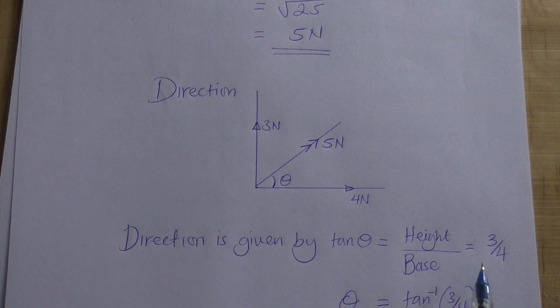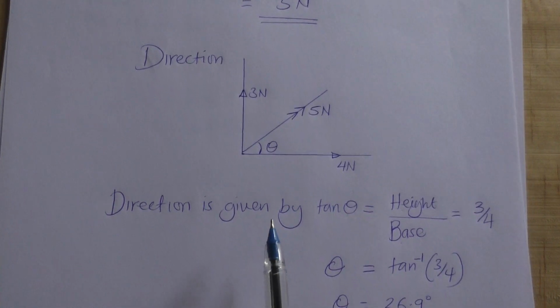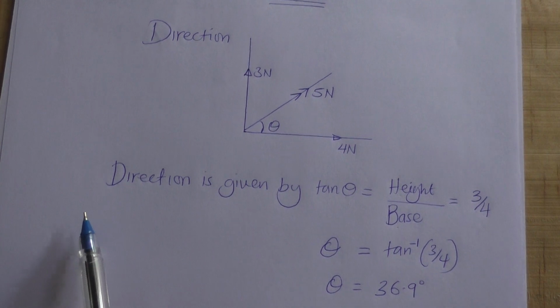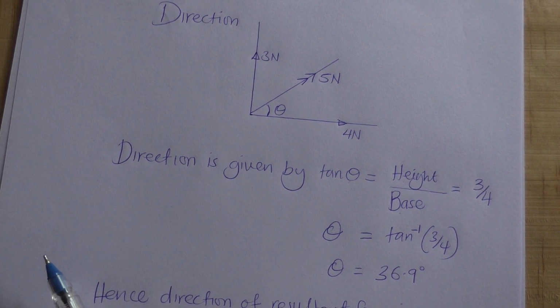Hence, tan theta equals the vertical component, which is 3, over the horizontal component, which is 4. Hence, giving us theta as the arctan of 3 over 4, which is 36 degrees.